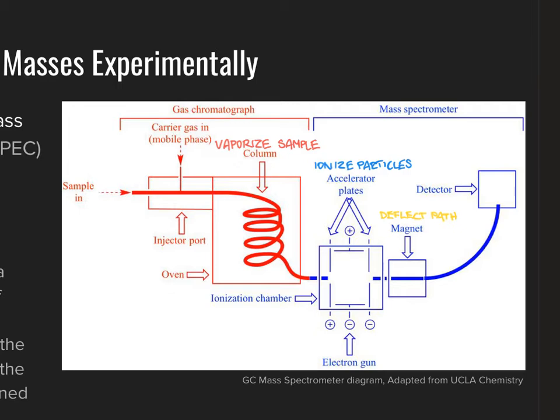So if we have an external magnet present here, and that moving charged particle itself exerts a magnetic field, we would expect to see those magnetic fields interact with one another, and that causes the beam of positively charged ions to deflect. And there's a little detector screen off to the side that picks up where those different particles strike the detector screen.